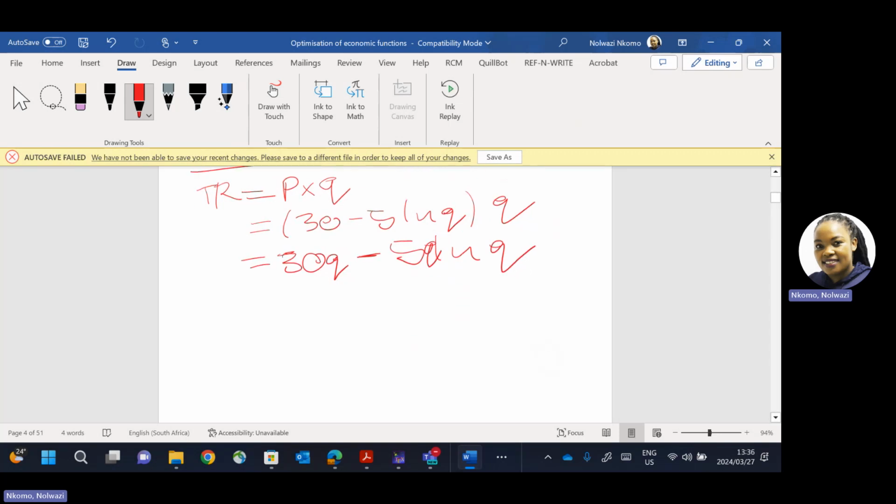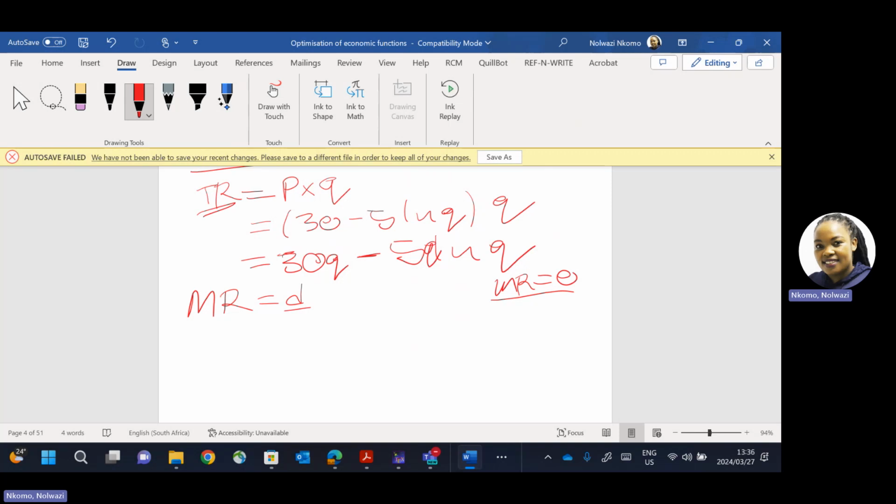But you know that when we differentiate the total revenue, we'll find the marginal revenue. And we know that the marginal revenue is the derivative of the total revenue. So this means we need to equate the marginal revenue to 0 to find the stationary point, the turning point of the total revenue.